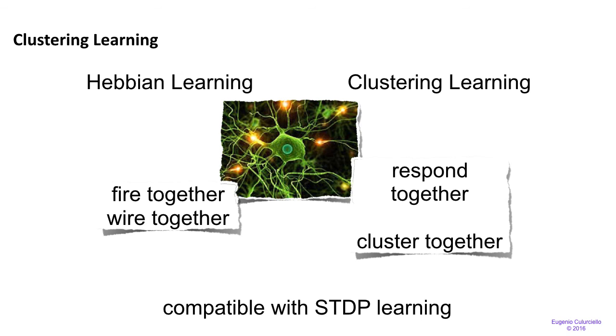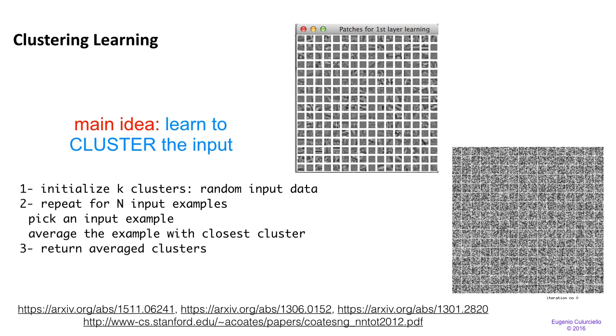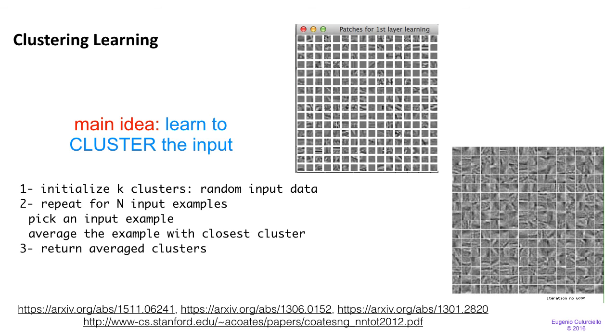This also imposes a sparsity constraint, because it forces you to group similar things into just a set of base functions. Let me show you an example of what you can do to learn these filters.